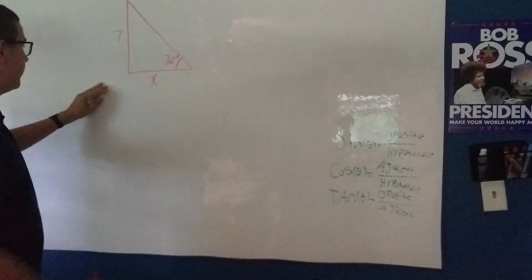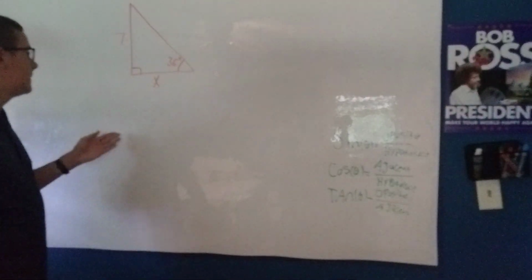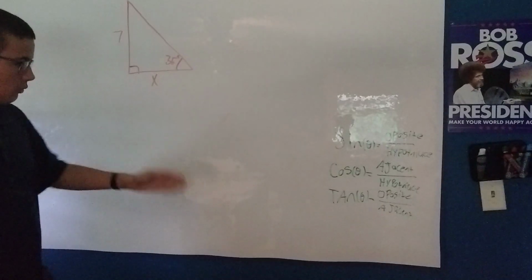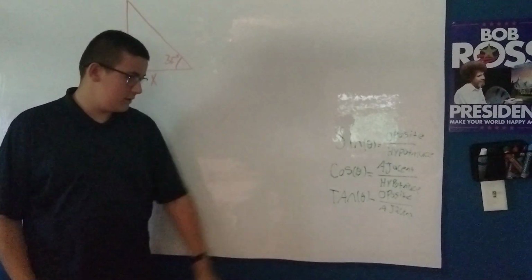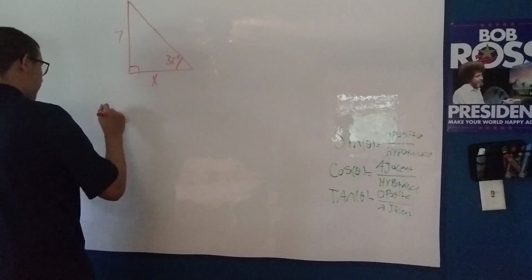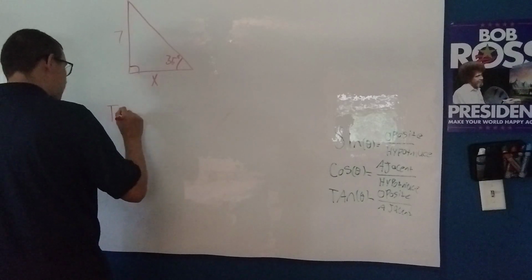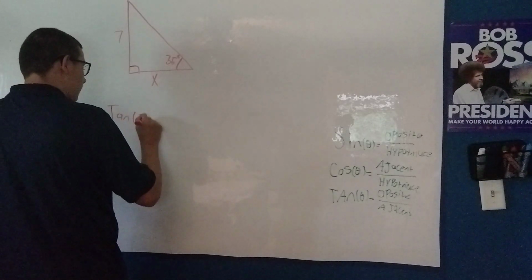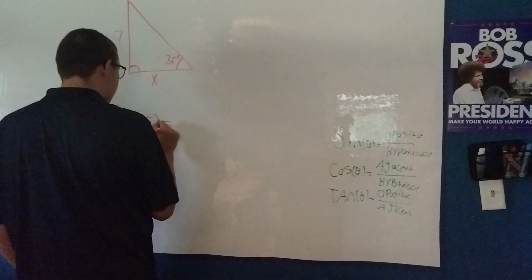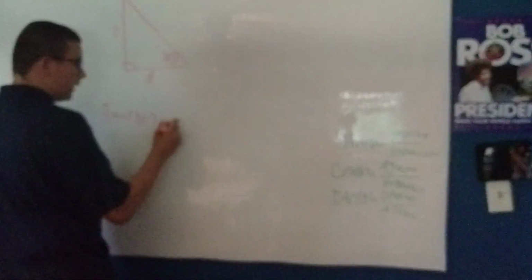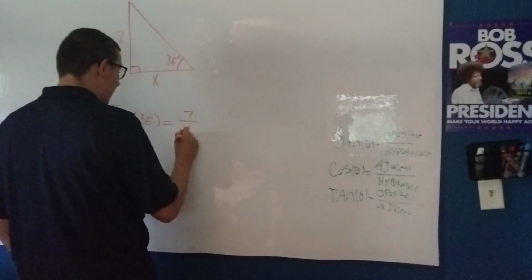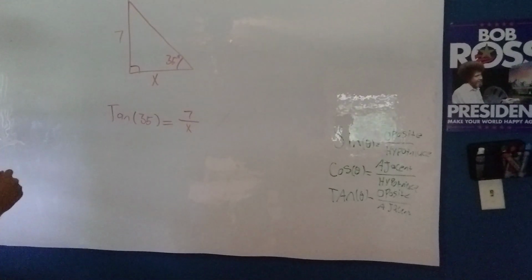Like that, we're dealing with theta, the opposite, and the adjacent. The one that deals with theta, opposite, and adjacent is the tangent. So we take tangent of 35 equals 7, the opposite, over x, the adjacent, like that.